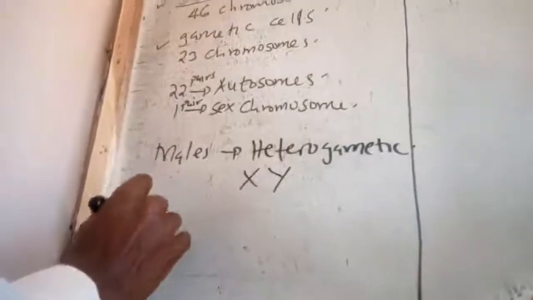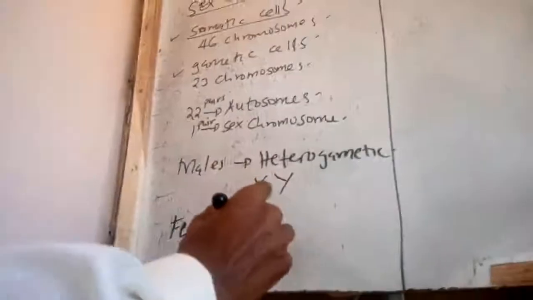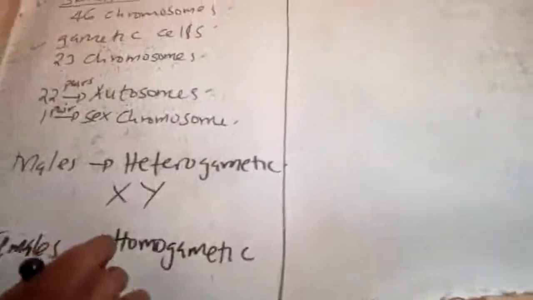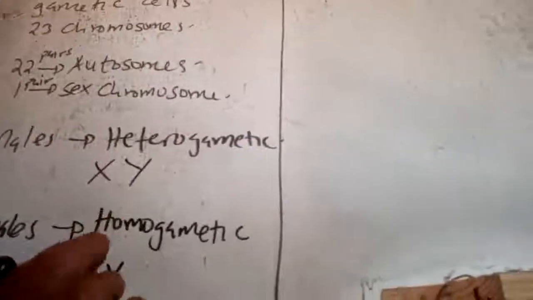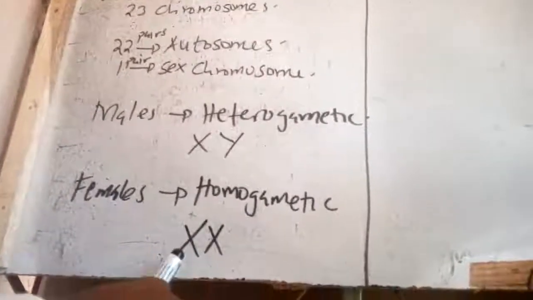What about in females? As far as females are concerned, they are homogametic, and it means that they have the same allelic genes. The sex chromosomes are identical.